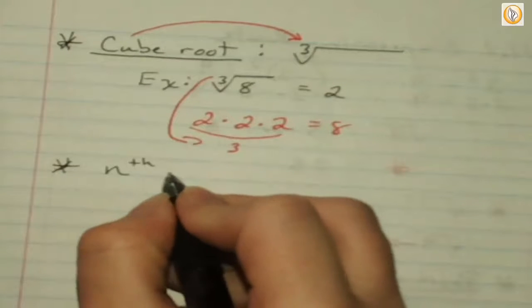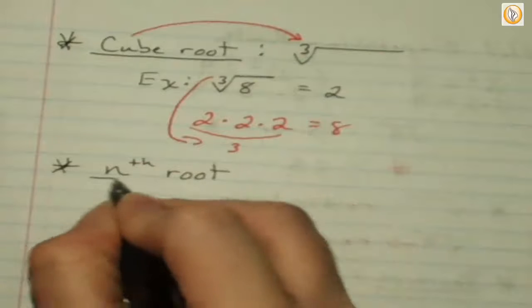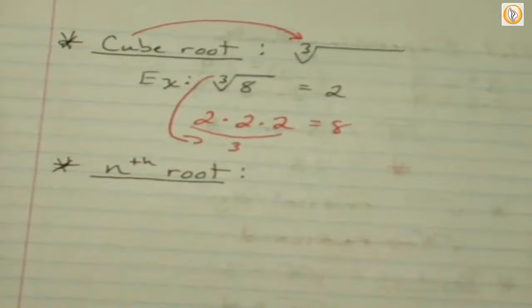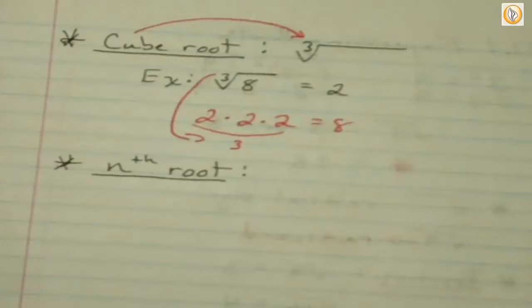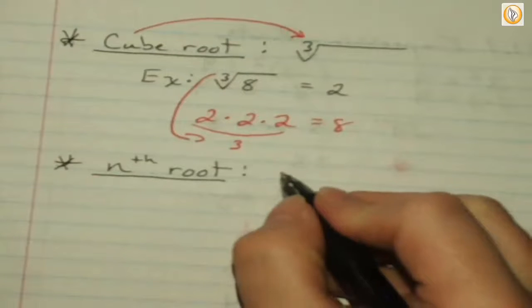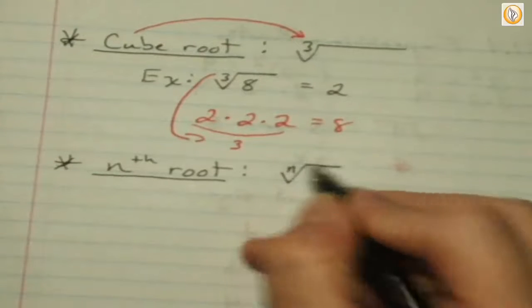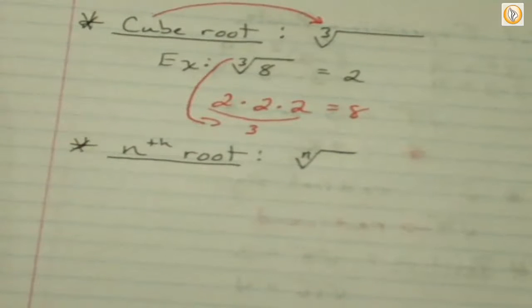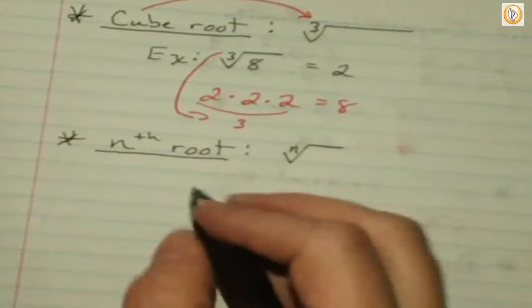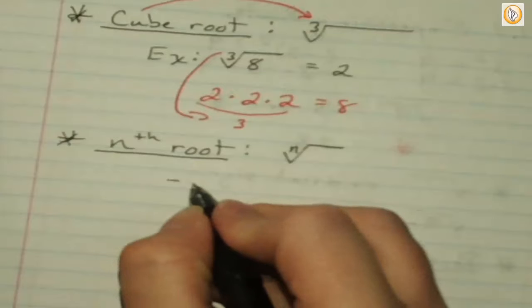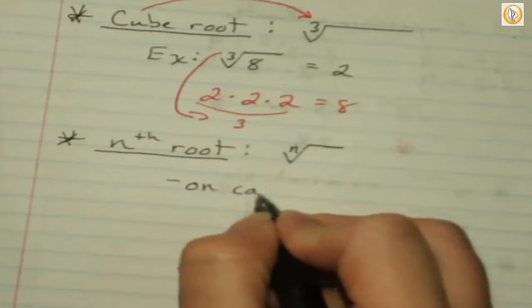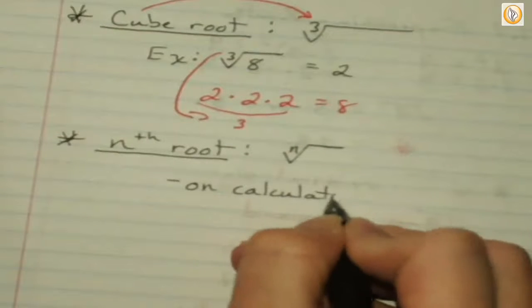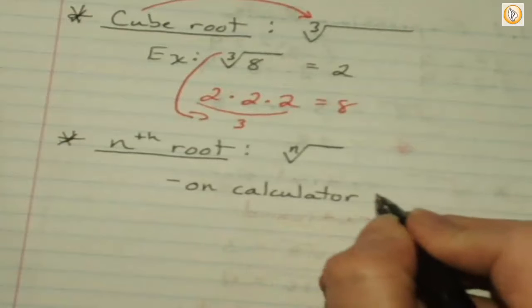Nth root. Nth root is basically saying any number. On your graphing calculators, it's going to look like this.